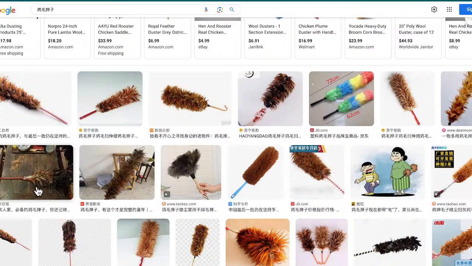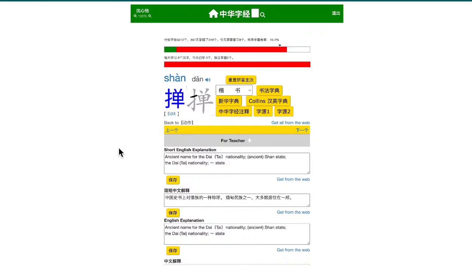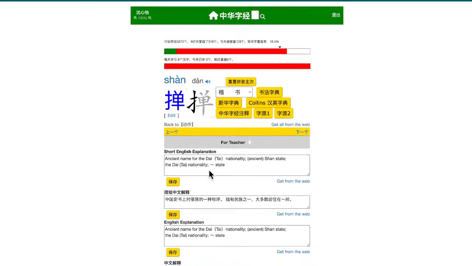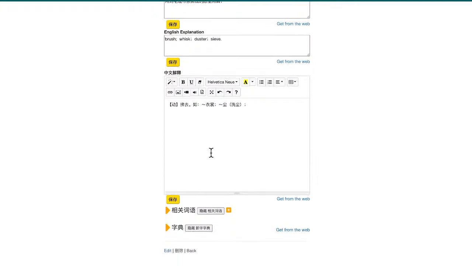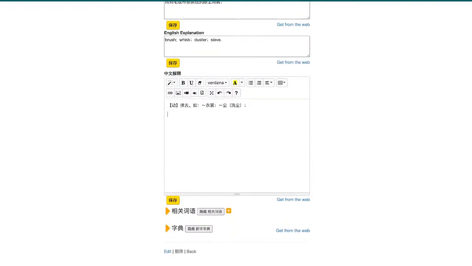You use that to dust things. I can copy that and put it over here. This is 鸡毛掸子, and put it over here.